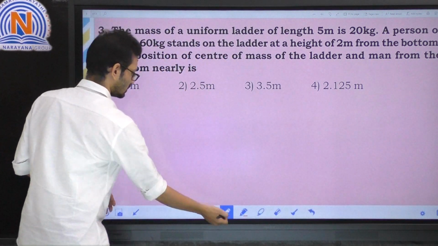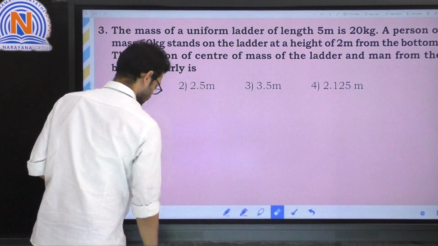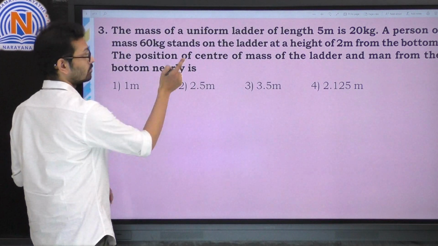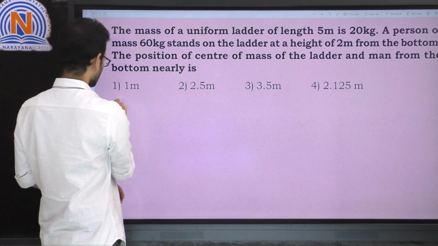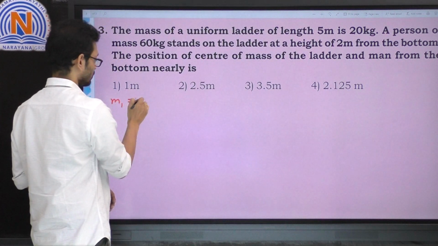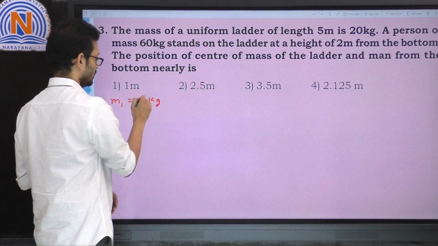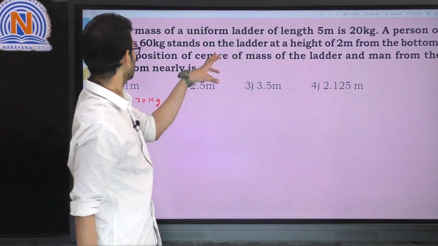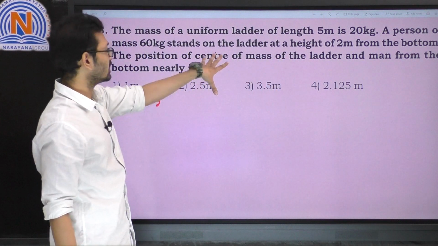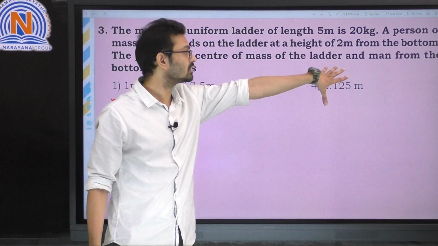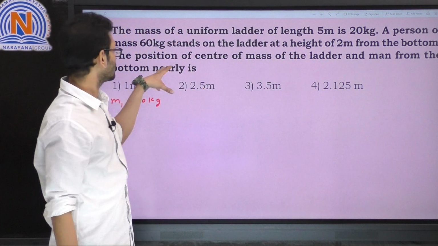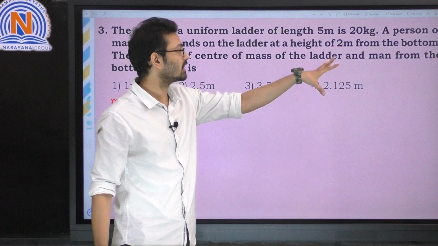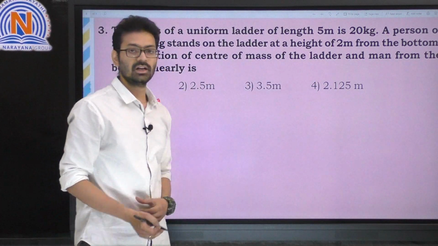Given data is m1, the mass, equals 20 kg. A person of mass 60 kg stands on the ladder at a height of 2 meters from the bottom. The position of the center of mass of the ladder and the man from the bottom is?